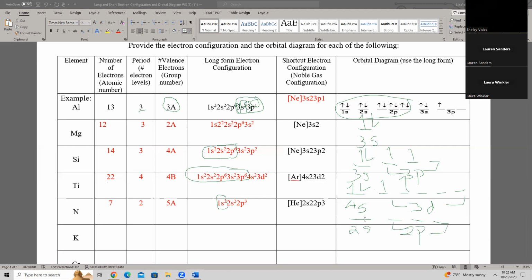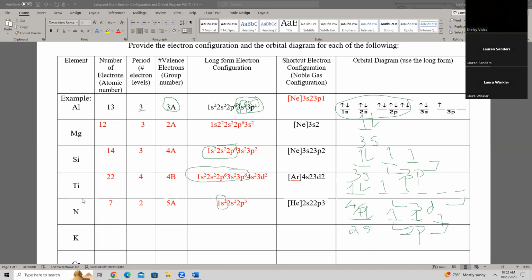Remember, 2p has 3 orbitals, so 2s is full, right? And 2p has 3. 1, 2, 3. That is that other principle that we need to not put in until we can double, right? That's Hund's rule again.